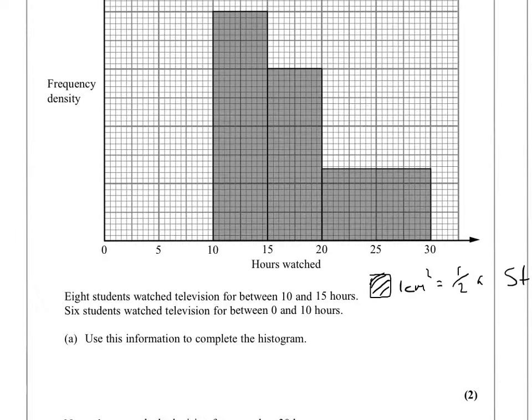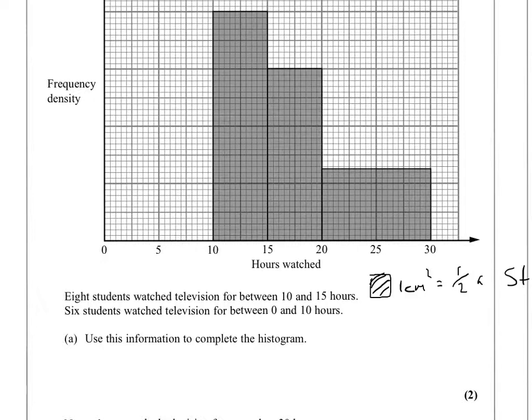And then looking at the next bit of information we were given, 6 students watched television for between 0 and 10 hours. Well, 0 to 10 hasn't been drawn in the diagram yet, so we're being asked to fill that in. So we know there are 6 students, and each one of these squares will be half a student, so we're going to need 12 squares altogether.